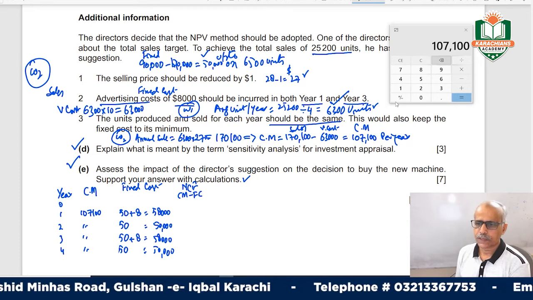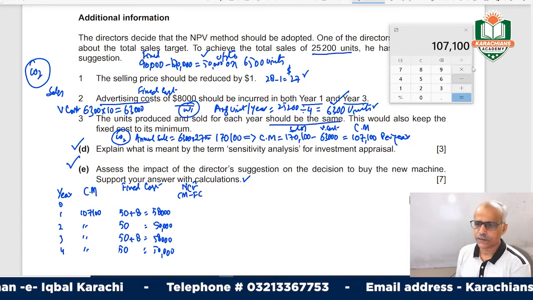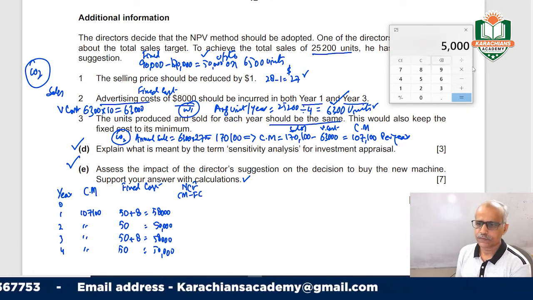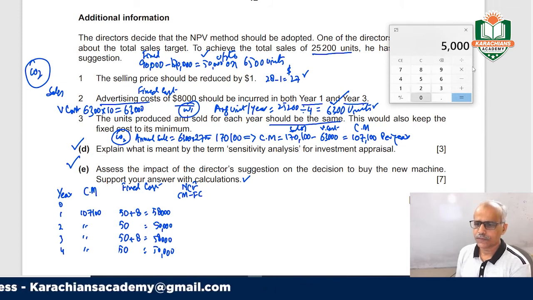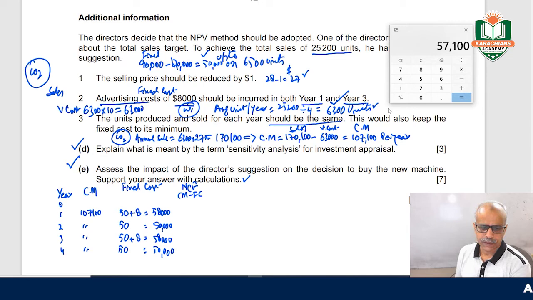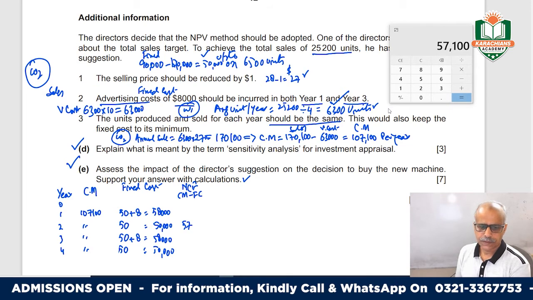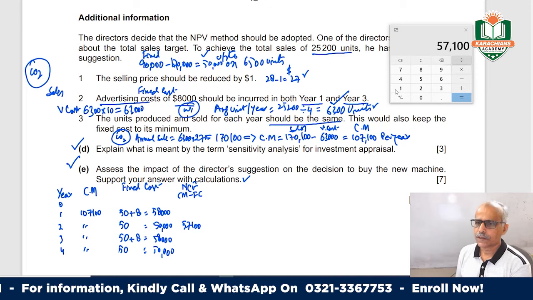So contribution margin is 107,100, fixed cost is 50,000 in year 2, because in 2 years it is 50,000. So year 2 this cash flow will be 57,100.